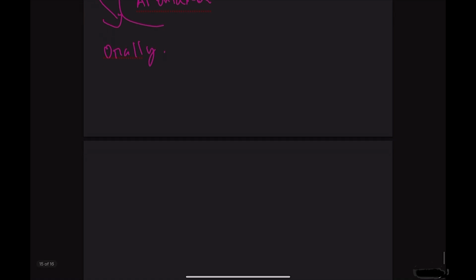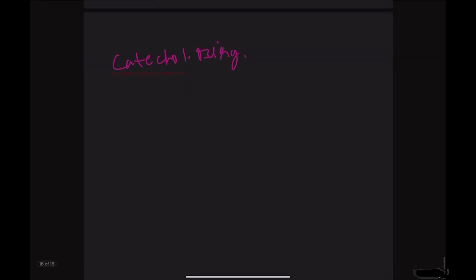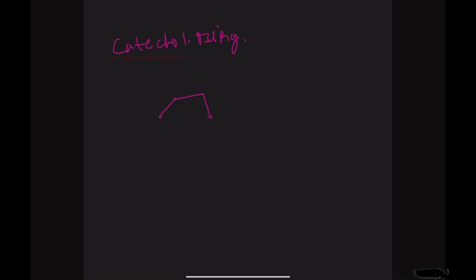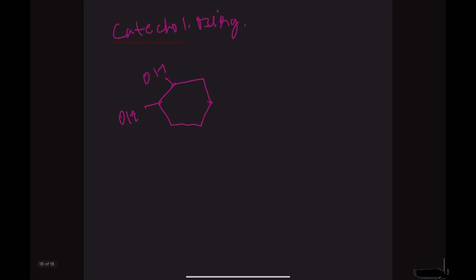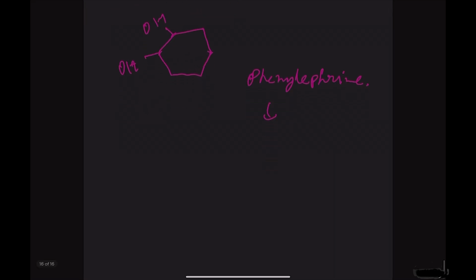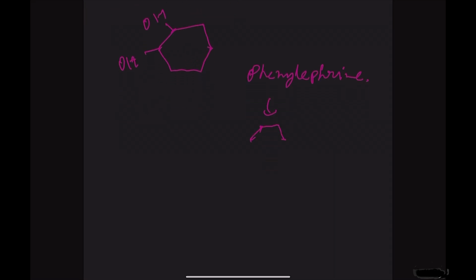Because catecholamines have that catechol ring, and in this catechol ring, let me draw a catechol ring, there are hydroxyl groups. Okay, there are two hydroxyl groups. In the case of phenylephrine, they don't have this hydroxyl group.